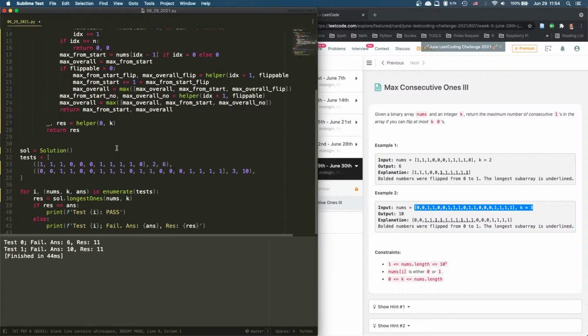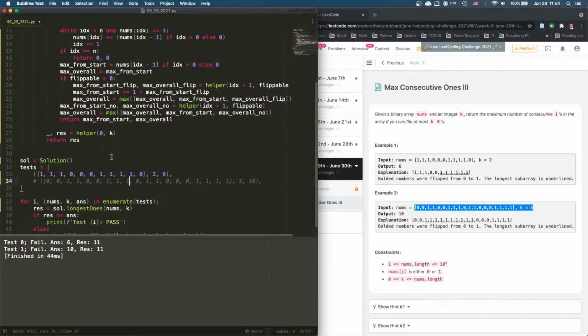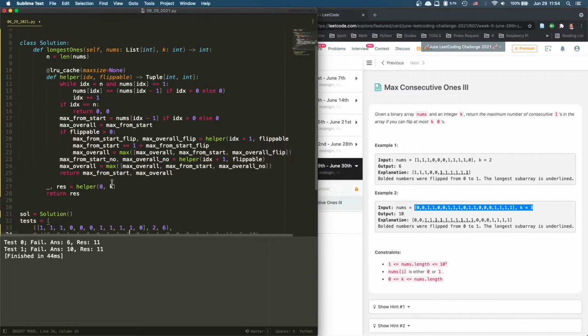Let's take a look. First one. 11. How is it possible 11? There are only 10, right? 1, 2, 3, 4, 5, 6, 7, 8, 9, 10, 11. There are 11. But how is k is... I didn't actually set any requirement for k. Well, we have flippable is larger than 0.